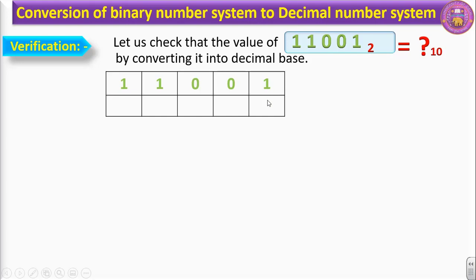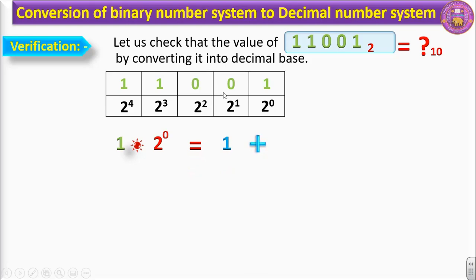Digit multiplied by base raised to power 0. 2 raised to power 0, then 2 raised to power 1, 2 raised to power 2, 2 raised to power 3, then 2 raised to power 4. Now let us multiply it. 1 multiplied by 2 raised to power 0. 1 is the digit, digit multiplied by base raised to power 0. It comes to 1.